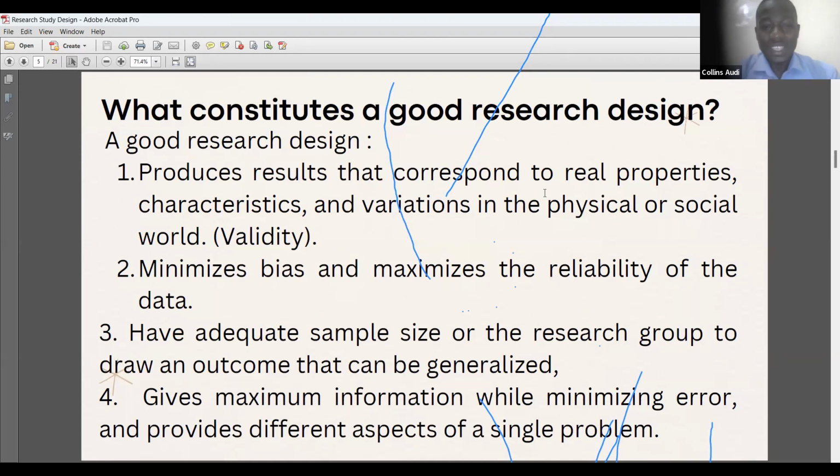It's okay. So a good design is one which produces results that correspond to real properties, characteristics, and variations in the physical or social world. They should correspond to what is really in the real world. That refers to validity.